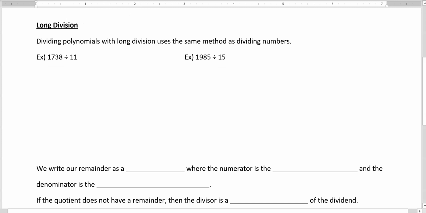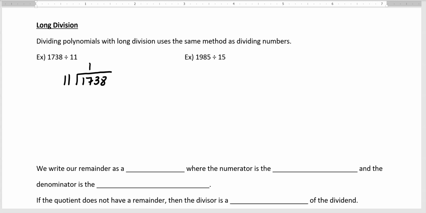So long division of polynomials is just like long division with numbers. So let's take a moment to reflect. Remember, if I wanted to divide 1738 by 11, I would first set it up here, right? So I have my divisor and my dividend in place. I have 11, and I say, how many times does 11 go into 17?